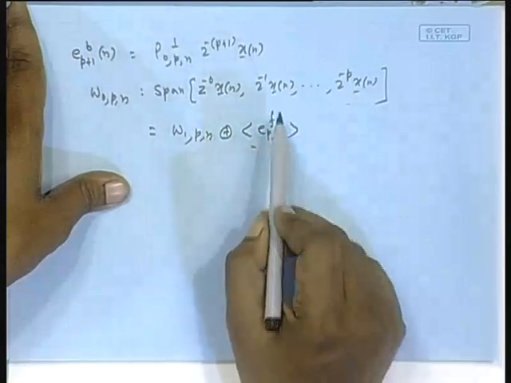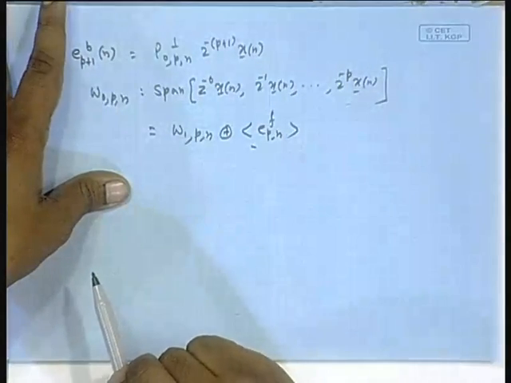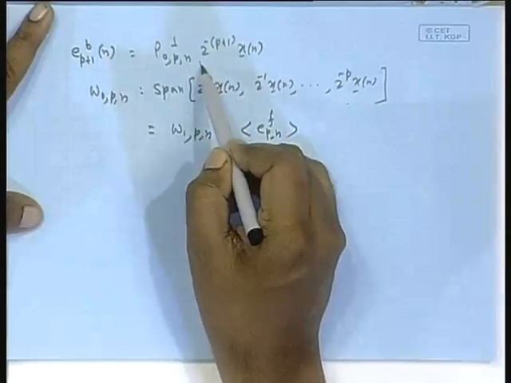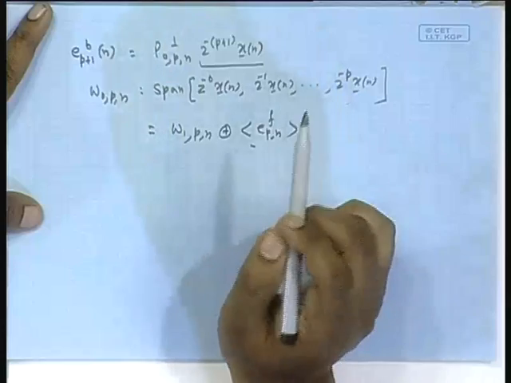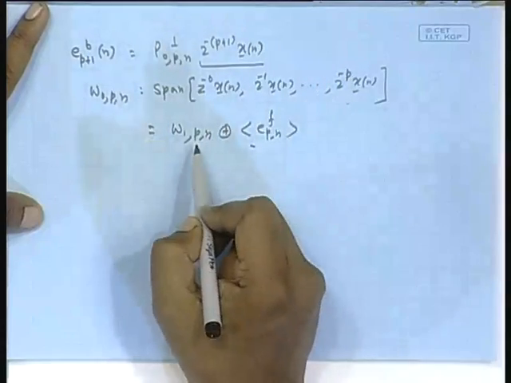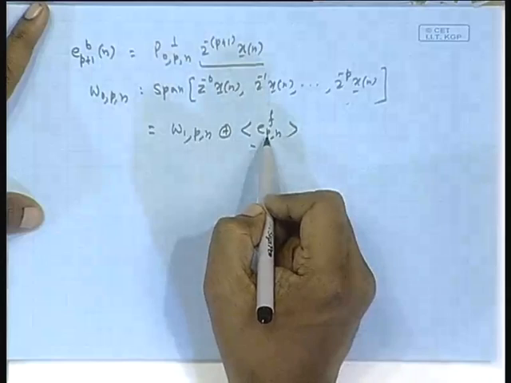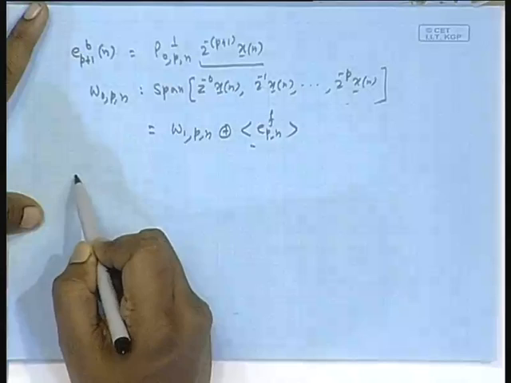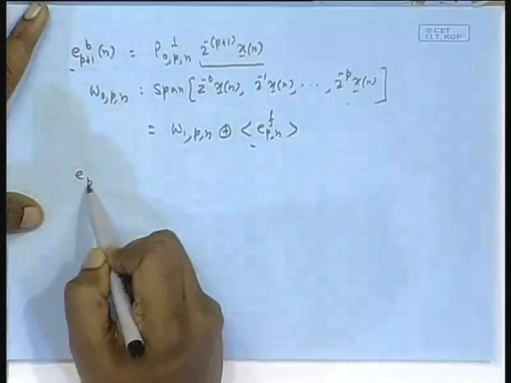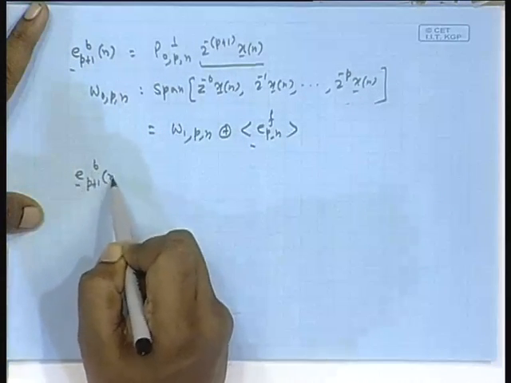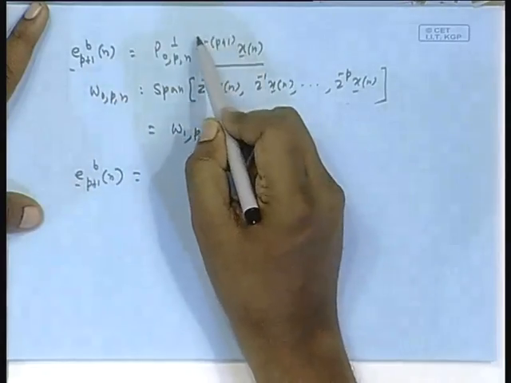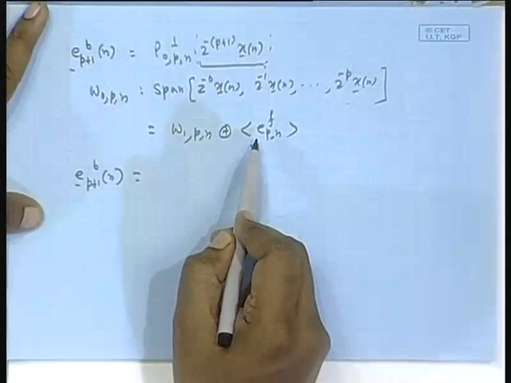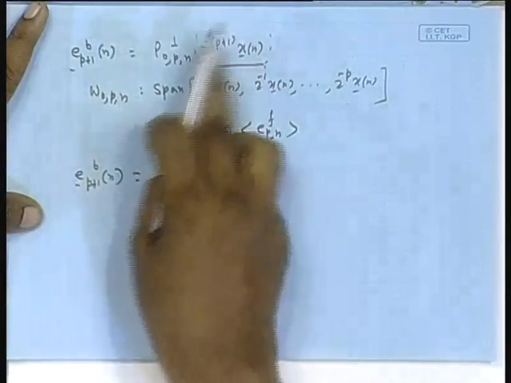We have just now seen, na, past P samples, past P vectors. So, what is this quantity? This guy is to be projected orthogonally on this, subtracted from this. This fellow has to be projected on this and on this, and then that has to be subtracted from this fellow only.